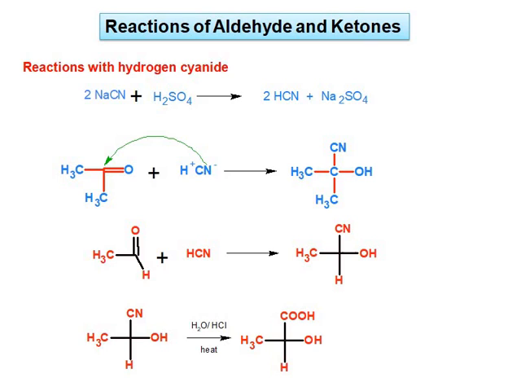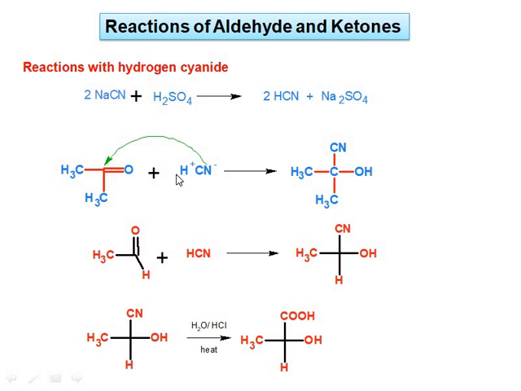The reactions are carried out by adding mineral acid to the mixture of carbonyl compound and aqueous sodium cyanide. So firstly, sodium cyanide in the presence of sulfuric acid gives our reagent, hydrogen cyanide, plus sodium sulfate.